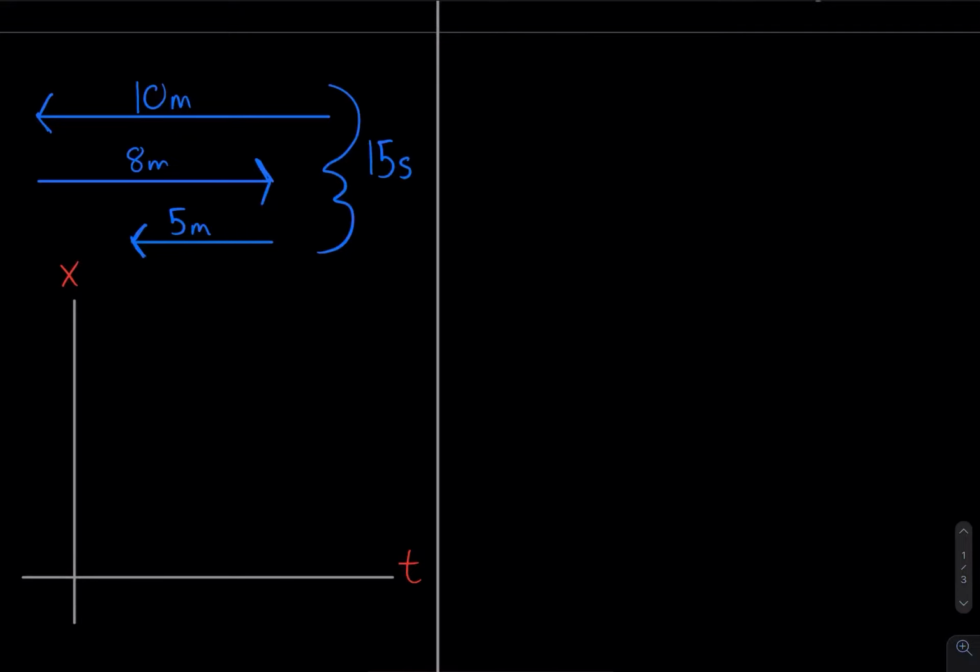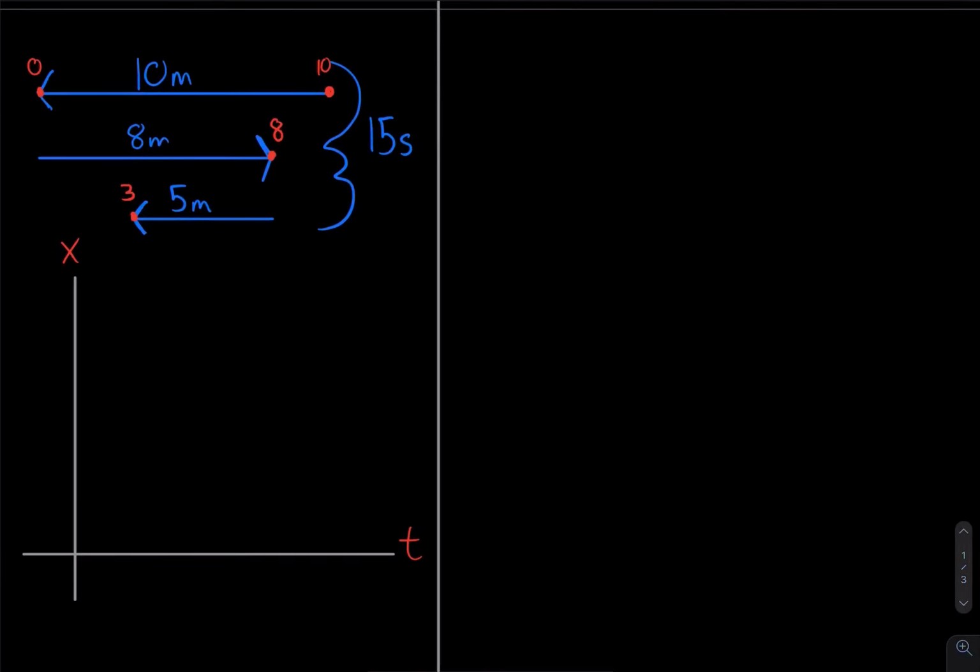So if we're saying that we started here, we can call that 10 meters. So we'll call this position right here 0, and we'll call this 10. And then the second piece, I went from 0, we can call that 8. And then I went from 8 minus 5, and we can call this one 3. So let's graph this on our position versus time graph.